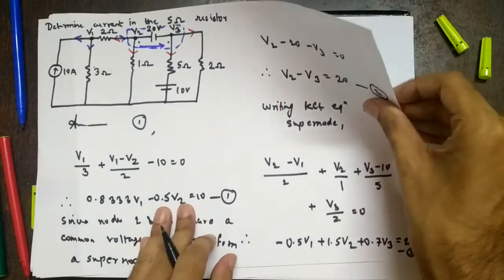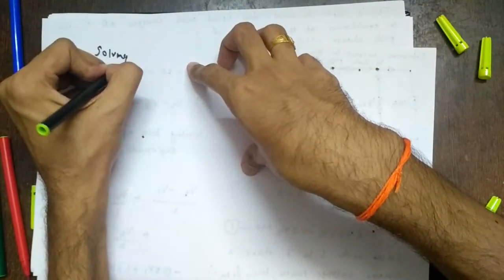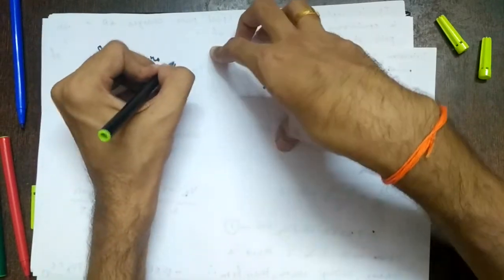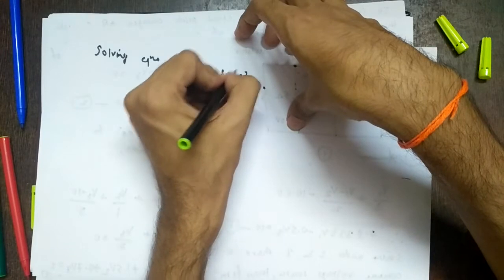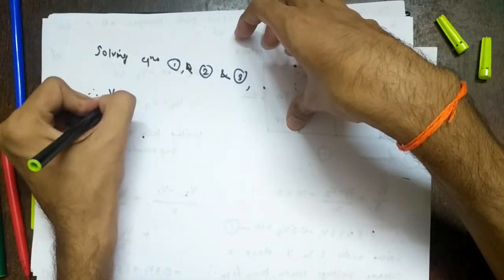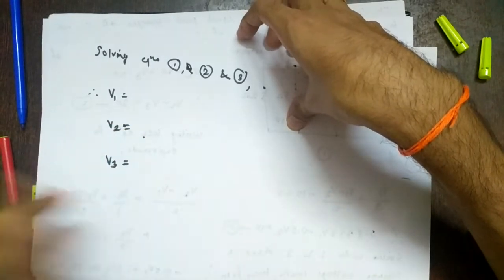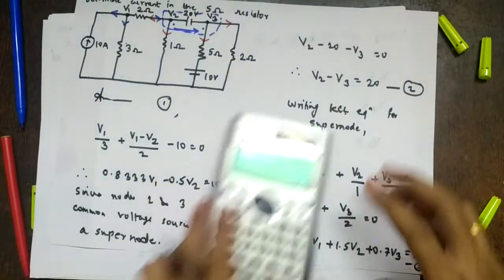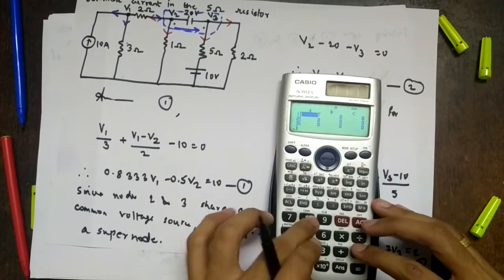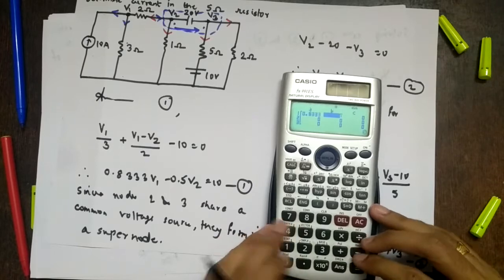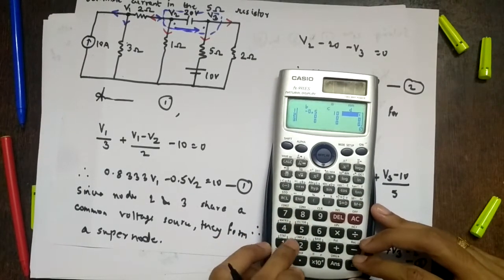So next what will we write? Solving equations 1, 2 and 3, V1, V2, V3 are equal to: let's solve them. The coefficients are 0.8333, minus 0.5, 0, and 10.